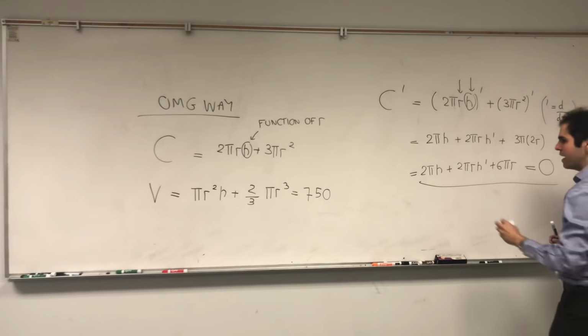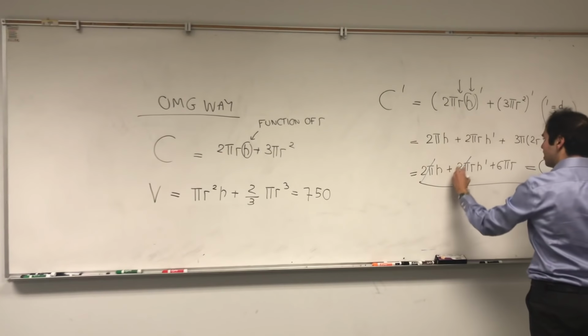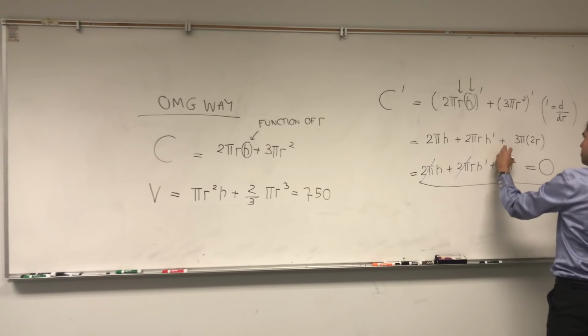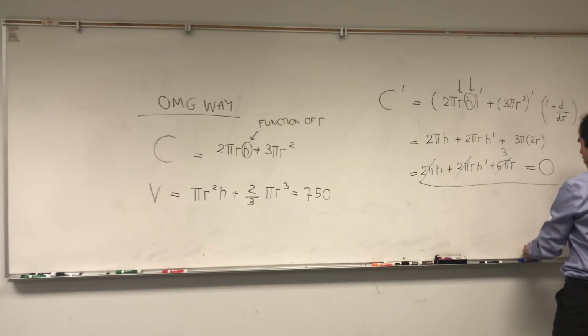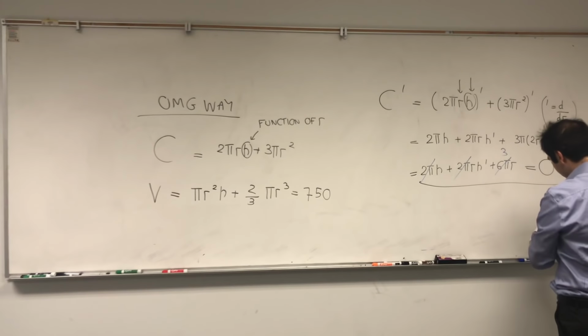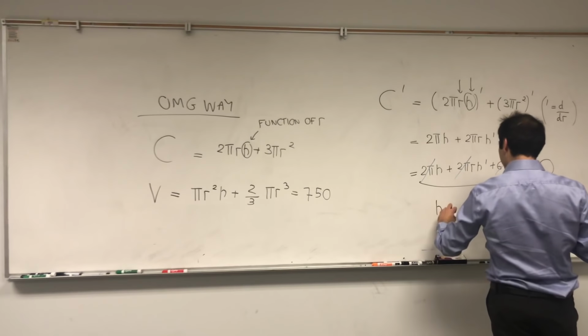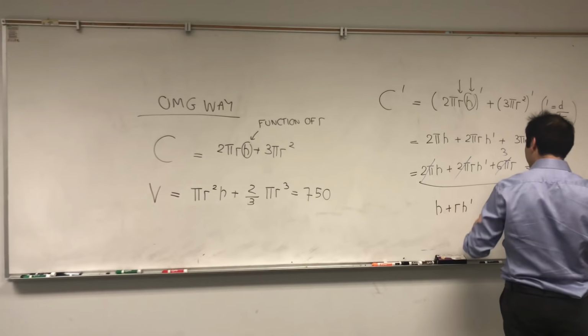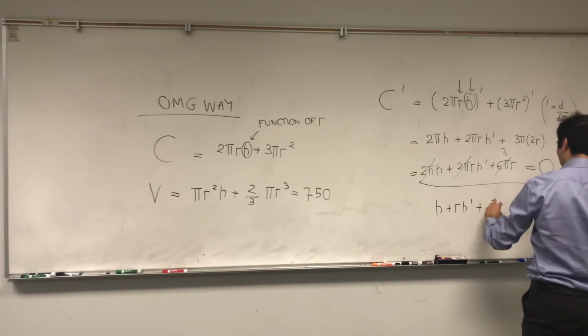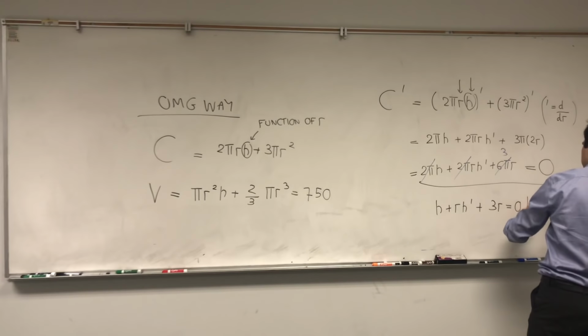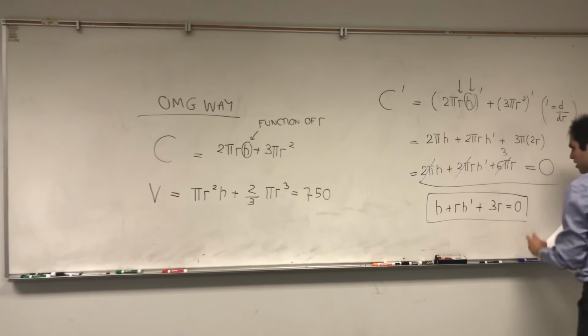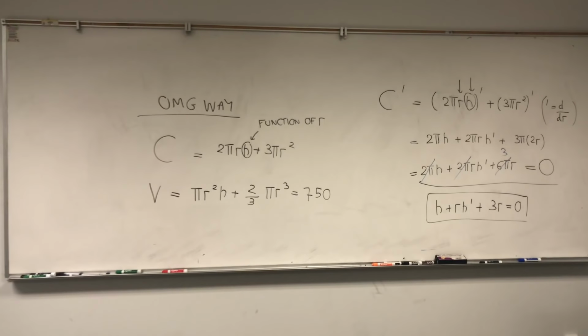If you divide by 2 pi, this cancels out, and this becomes 3. So I believe what you're left with is simply h plus r h prime plus 3r equals 0. That's the first identity that we have.